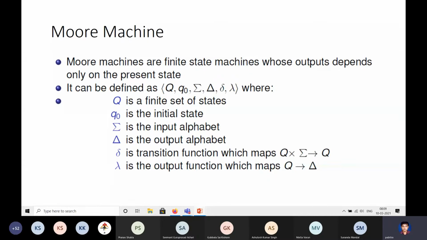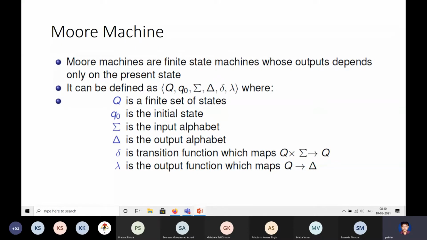Just as in Mealy machine, you can represent this as a tuple consisting of capital Q, which is the set of states, an initial state q naught, sigma, which is the input alphabet, all possible combinations of inputs that might come in. Capital delta is all possible combinations of outputs that might be generated. Small delta is a transition function which, given a state and an input, gives the next state. So it is a mapping from Q cross sigma to Q itself.